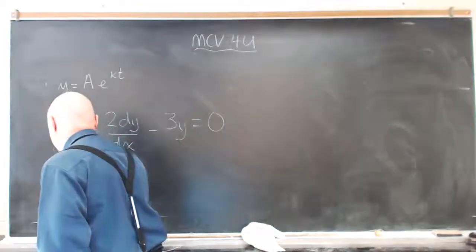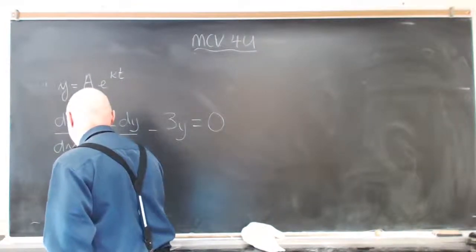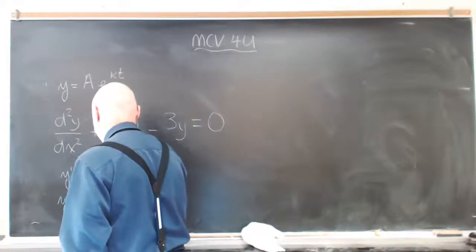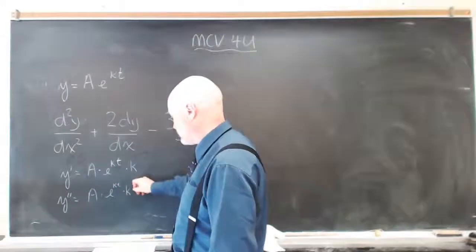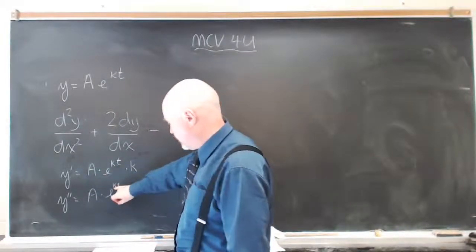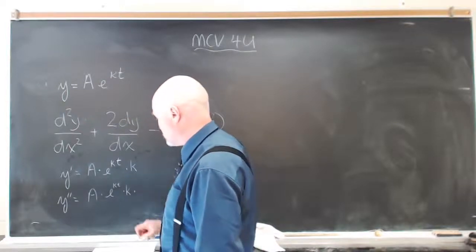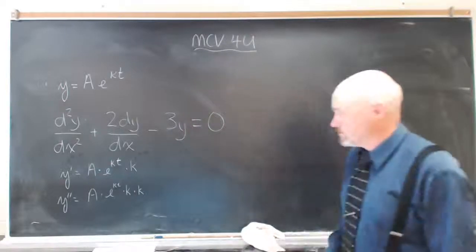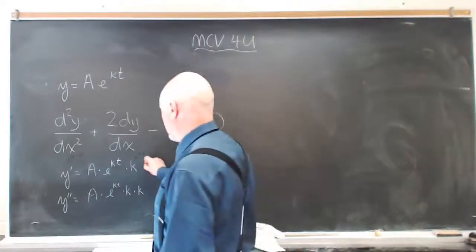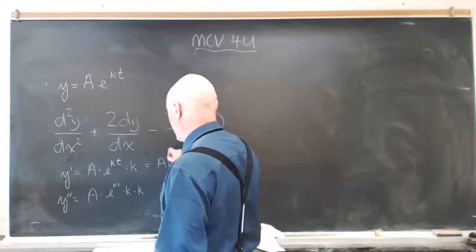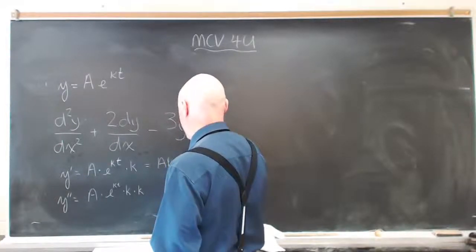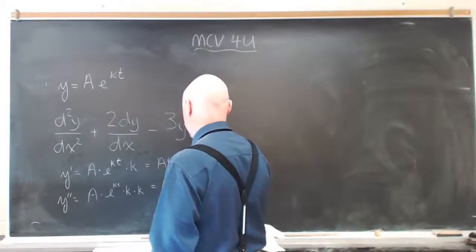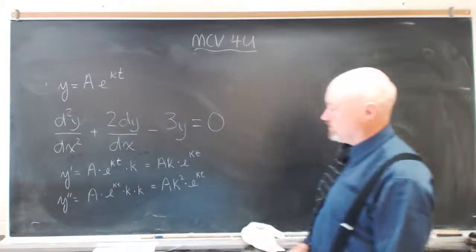And then the second derivative is A times e to the kt times k, which was the first derivative. And then we have to do the chain rule again because t is being multiplied by k, so it's a function of t. So we have to do k again. So that's really pretty easy. Ak times e to the kt is the first derivative. If we simplify it, ak squared times e to the kt is the second derivative.